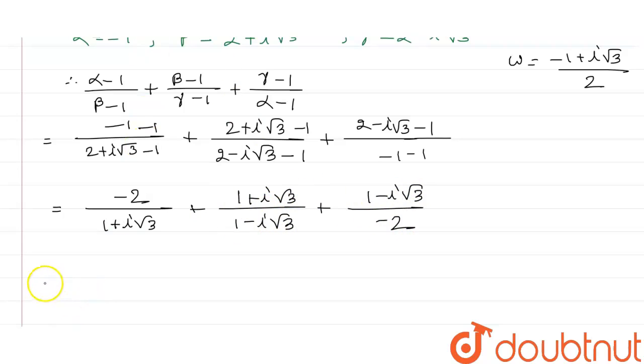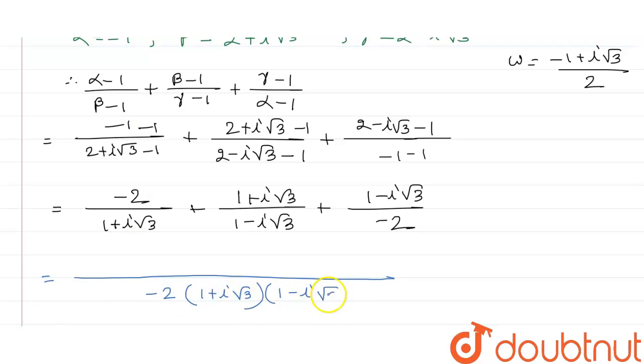Now we take the LCM of all denominators. So here we write minus 2 into (1 plus i root 3) into (1 minus i root 3).